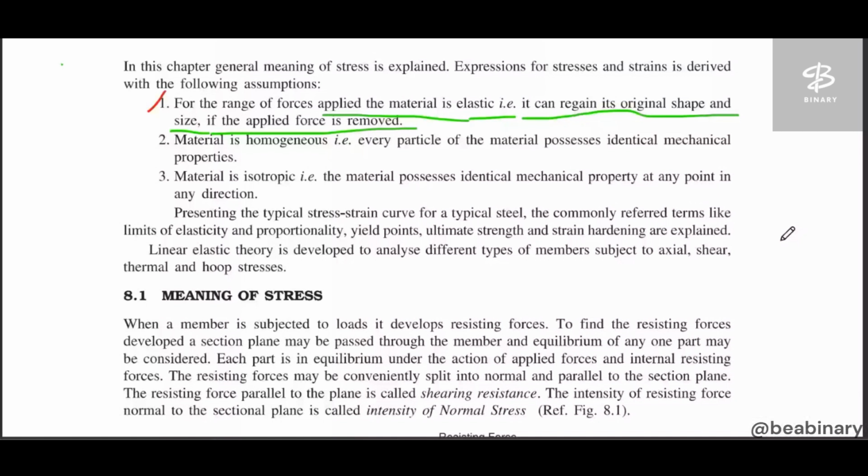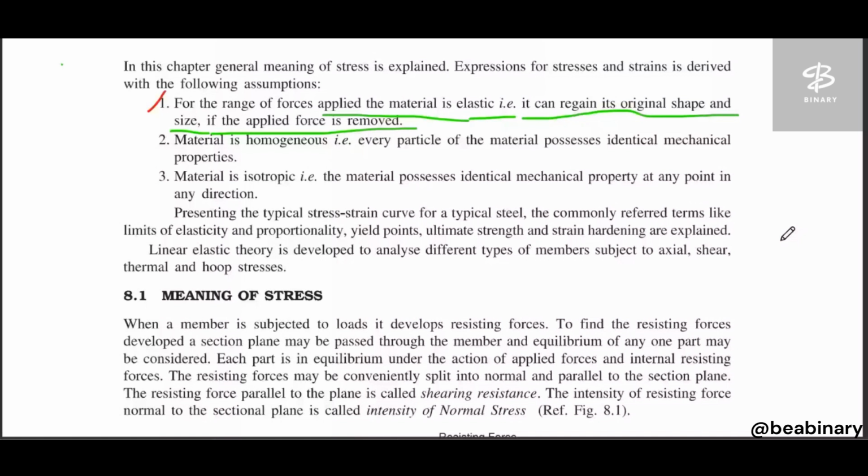Mechanical properties mean tensile strength, malleability, ductility, strength, hardness, and resilience. These are the mechanical properties. We will discuss them one by one. Don't worry. Without mechanical properties, you will not go forward. So mechanical property is a very, very important property.